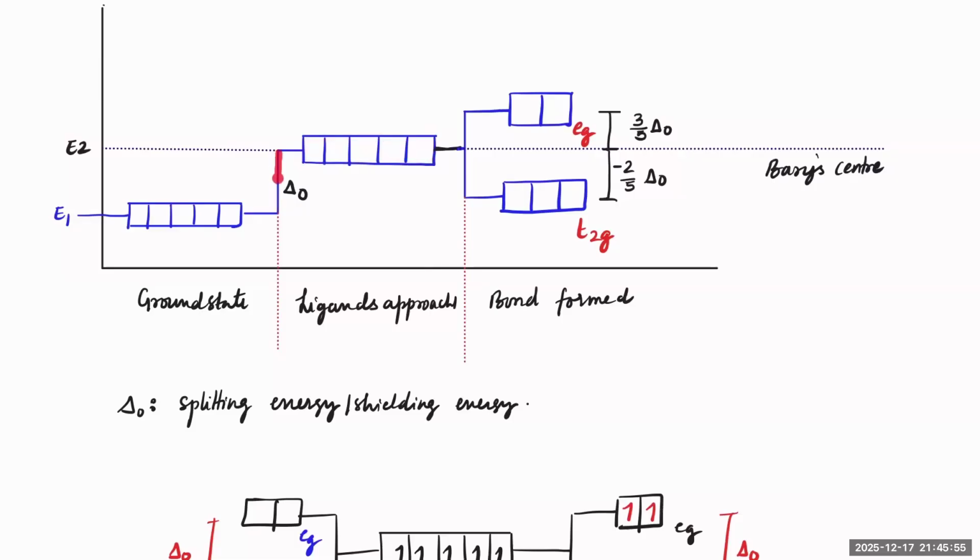The amount of increase in the energy is what we call the splitting energy, delta naught. Once it has increased, now the splitting of the orbitals takes place. The splitting should be such that one set of orbitals has higher energy and the other set has lower energy.